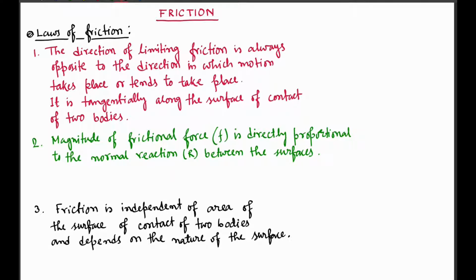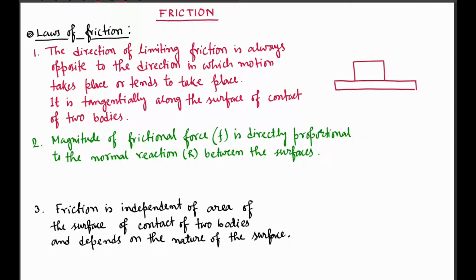First one, the direction of limiting friction is always opposite to the direction in which motion takes place or tends to take place, and it is tangentially along the surface of contact of two bodies. Suppose this is a rough surface and a body is placed over the surface.